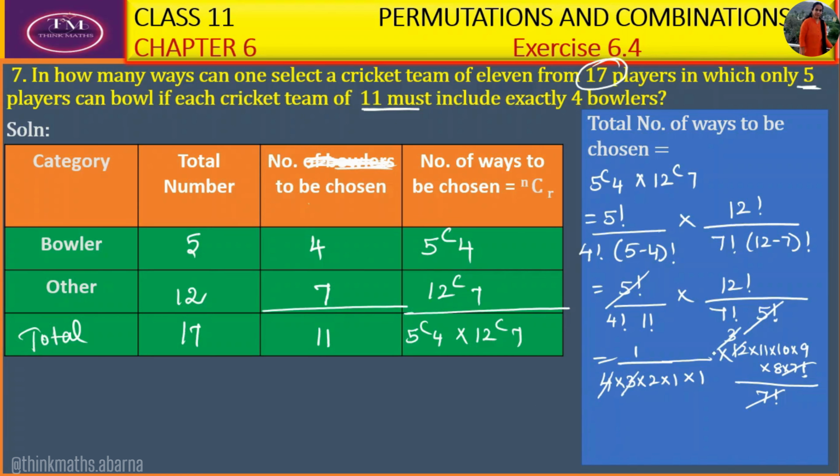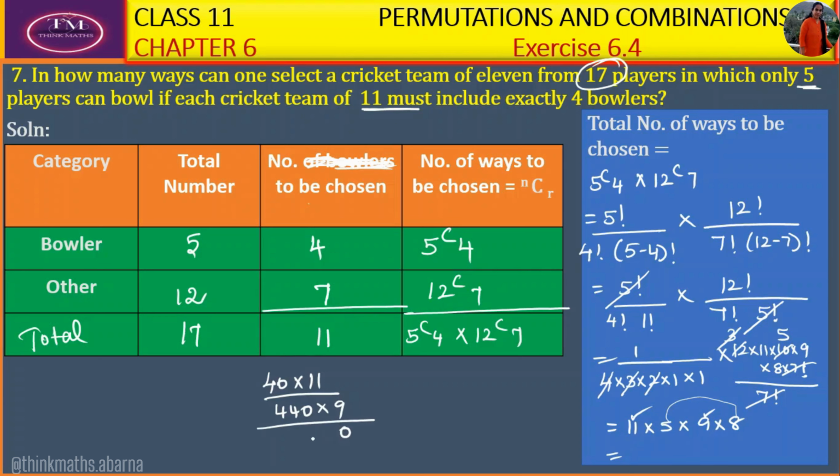So 3 gets cancelled. Next 2 and 10, 5. Okay, so all the denominators are cancelled. In the numerator we have 11 into 5 into 9 into 8. Just round it off using 5 and 8. 5 eights are 40. 40 into 11, 440. So this is over. Next we have to do 9 into 440.